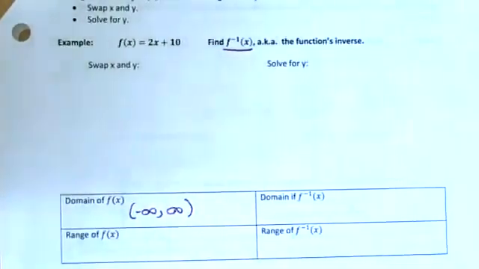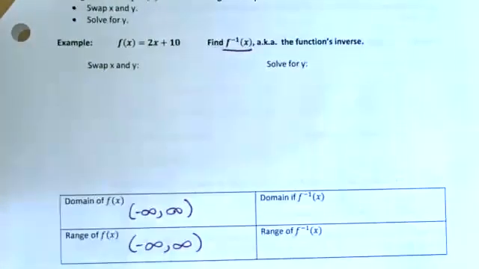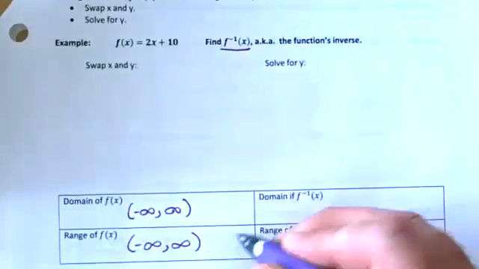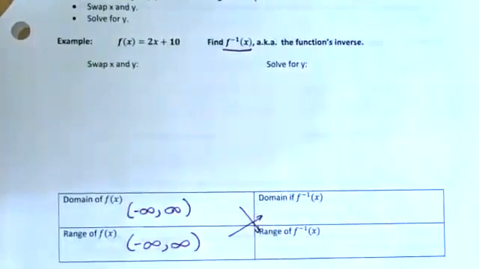And the range, same? Okay. Well, then I'm guessing that the domain and range of the inverse are going to be exactly those two things as well. What should happen is we should see the range become the domain and the domain become the range. Those should match. All right, let's actually find it.